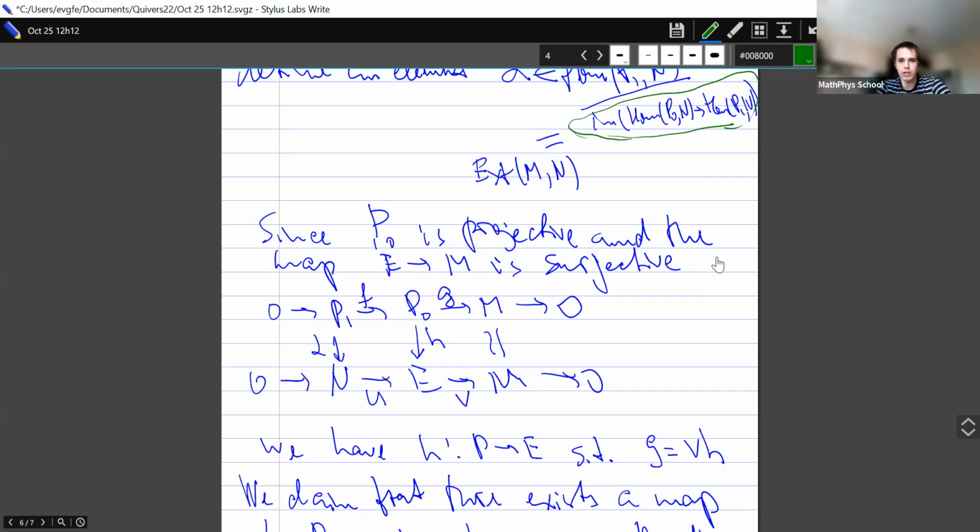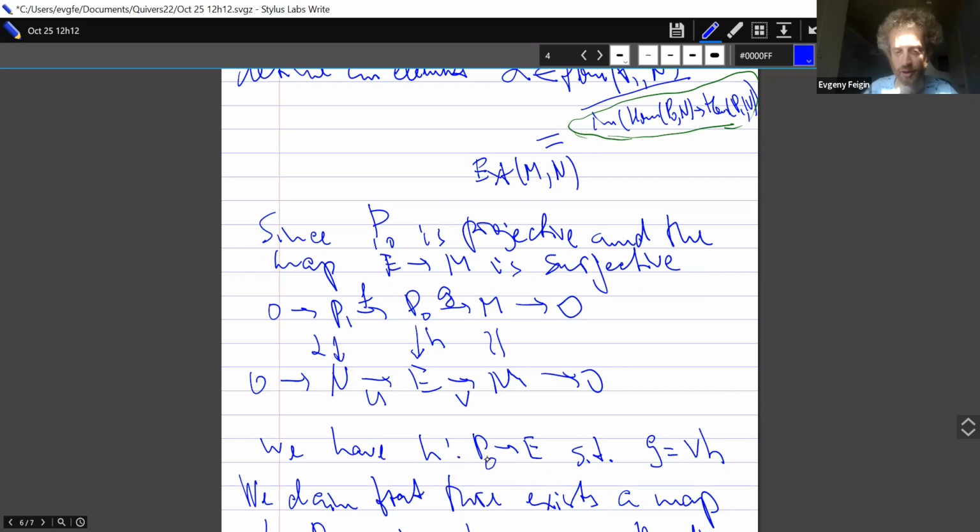I have a similar question. We can also use projectivity of P0 and construct a map from P0 to N. But I don't understand whether the map constructed from P1 to N will be the composition of this map from P0 to N with F. How do you construct the map from P0 to N?